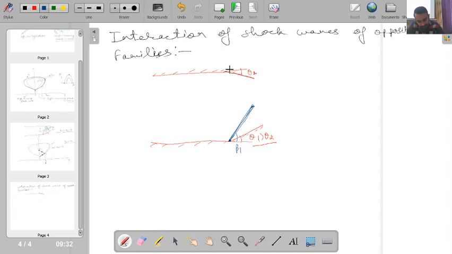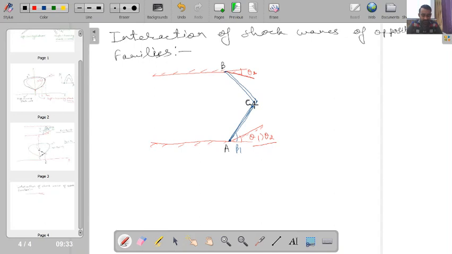Similarly, another shock wave will start from this point, and this shock wave is a right running shock wave. Both are interacting and meeting at this point. This is my point A, this is point B, and let's consider both of these are meeting at point C.